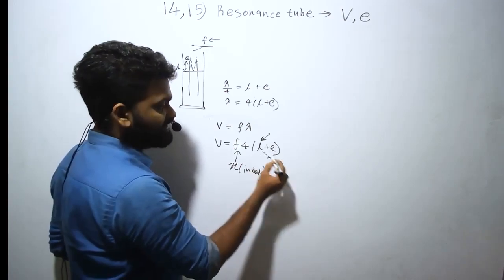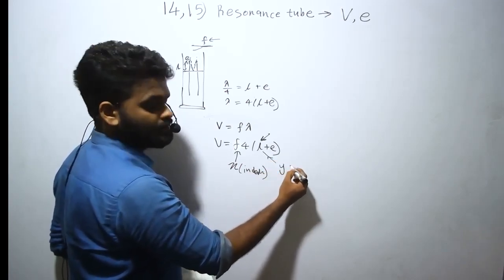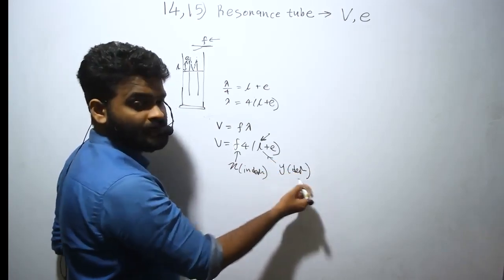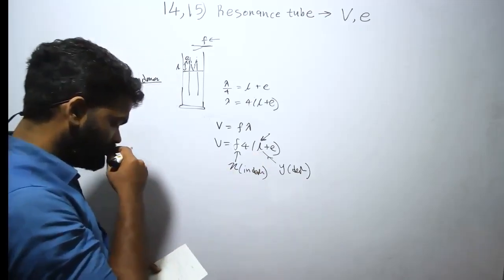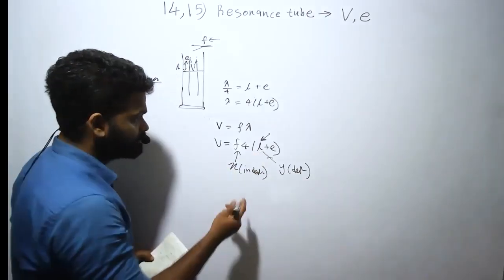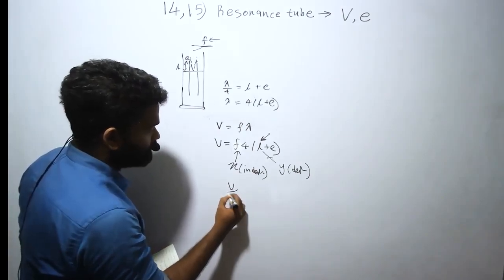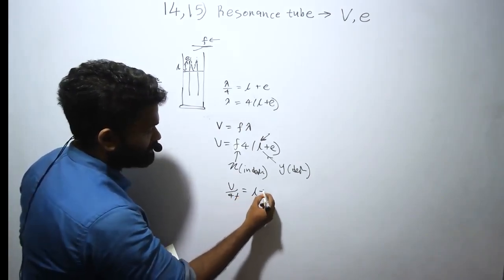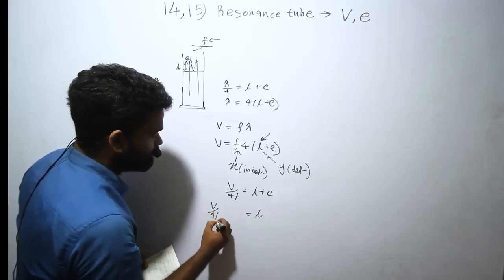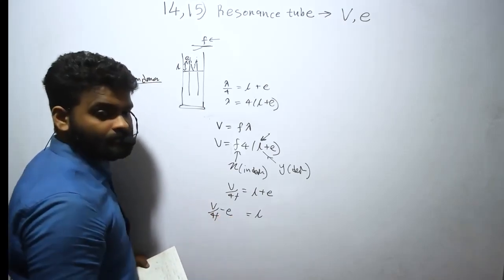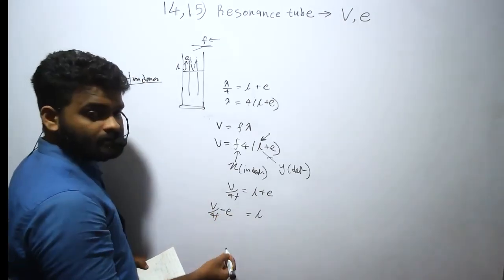So this L is related to Y. Y is the dependent variable. So you have to make L the subject, right? So when you make L the subject, you can write V over 4F equals L plus E. So L is equal to V over 4F minus E. Like that, you have to make L the subject.